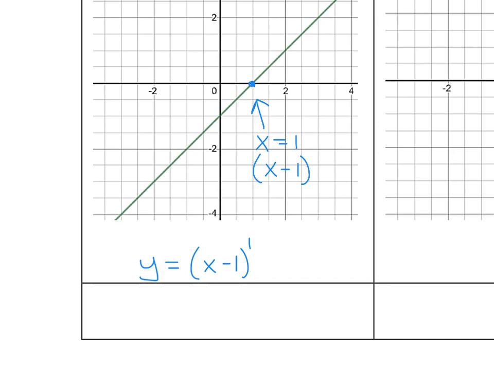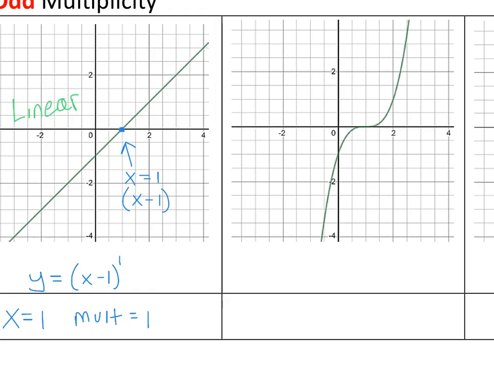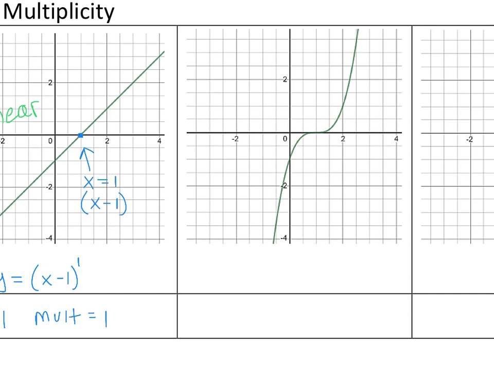So we can see that our x-intercept is positive 1. It has a multiplicity of 1. And this particular graph is linear. Moving over, stepping up with the odd multiplicities, we can see here in our graph that we are passing through, again, at x equals positive 1, so our factor is going to be x minus 1.